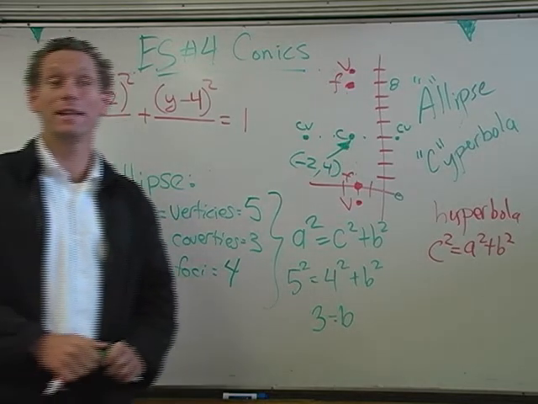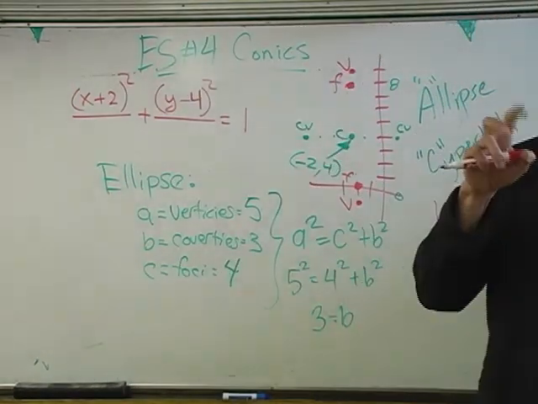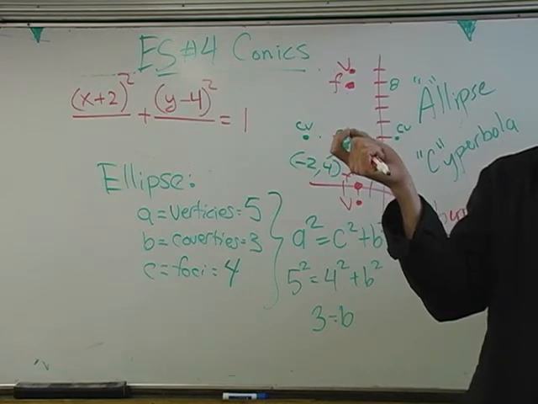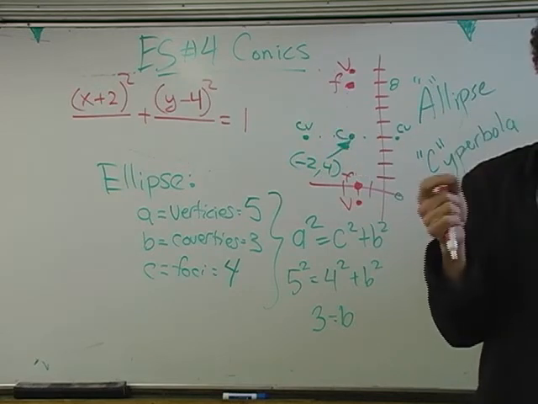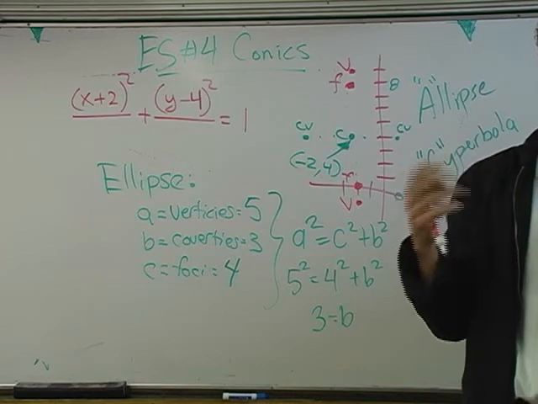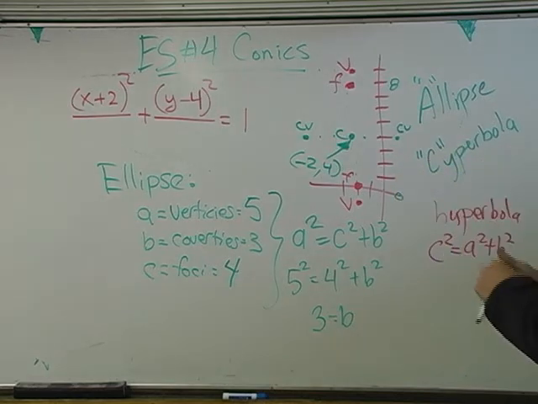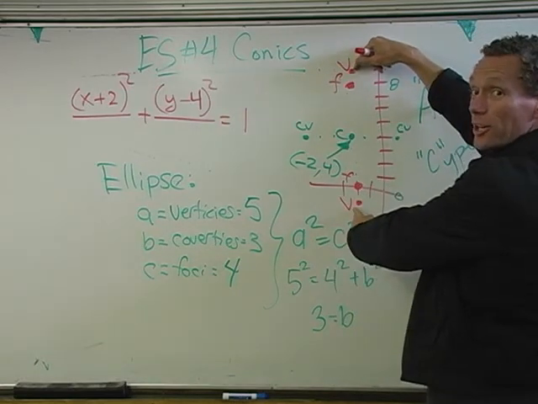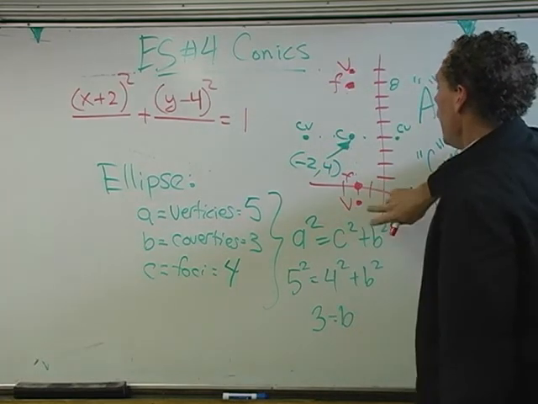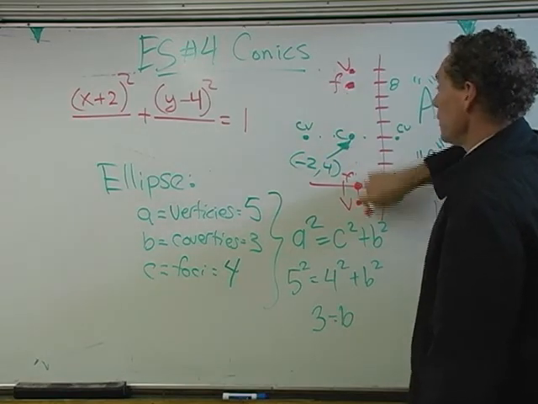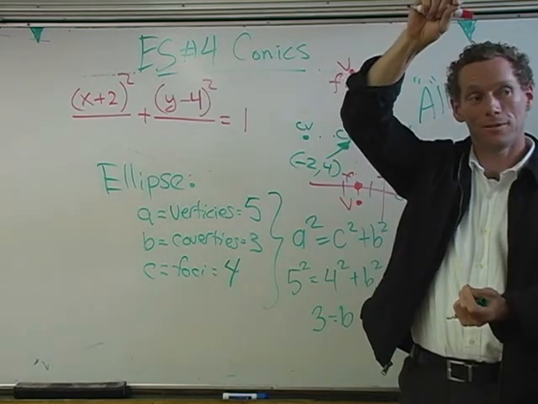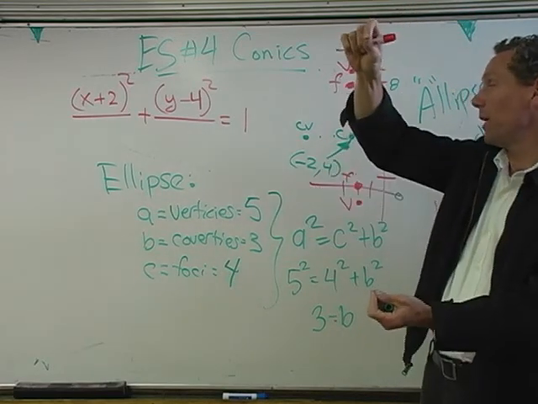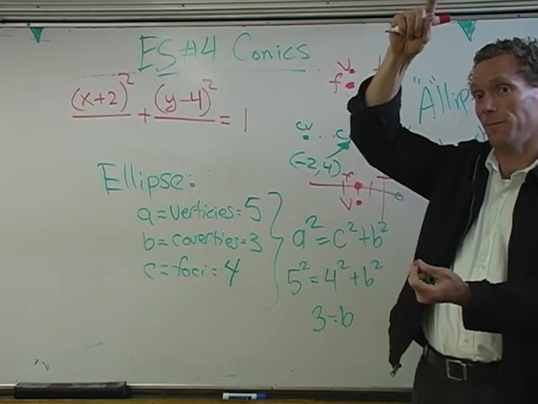For the ellipse, we call the vertices the longer axis always, whereas for the hyperbola, the vertices are the ones under the positive term. So our longer axis is here. So the vertices go in the y direction, so a squared is going to go under the y stuff.